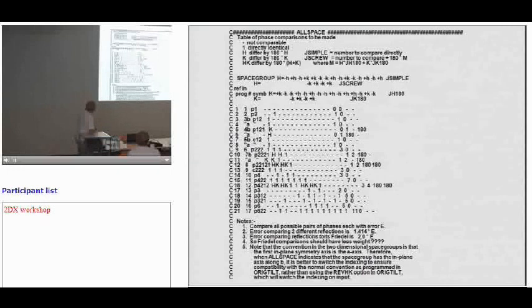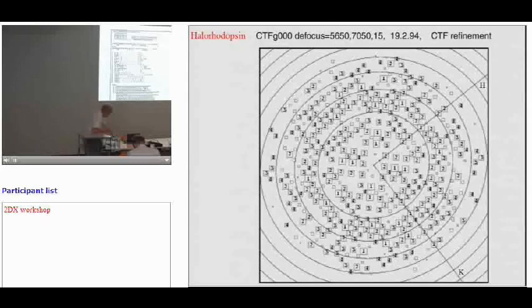And then Allspace, if you read the header of it, these are the symmetries that it applies. It's just a matrix, and it runs all 17 of them, or if you tell it you think it's a square lattice, it'll only do the square ones, or hexagonal, the hexagonal ones. So here's a halorhodopsin crystal. Here are the spots.